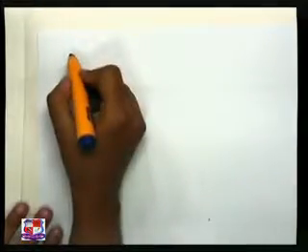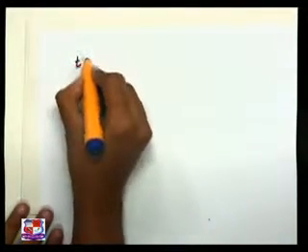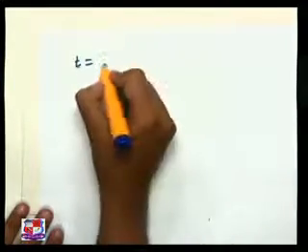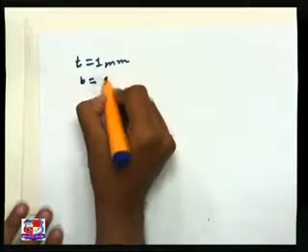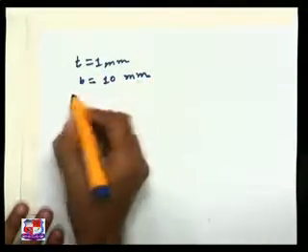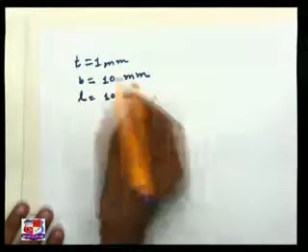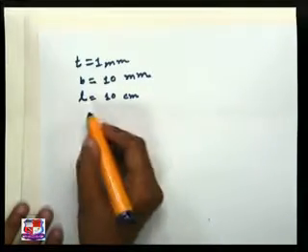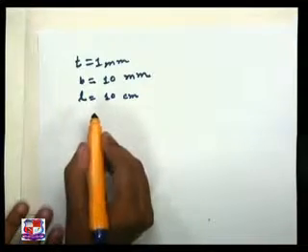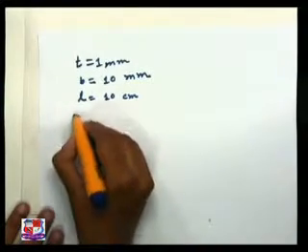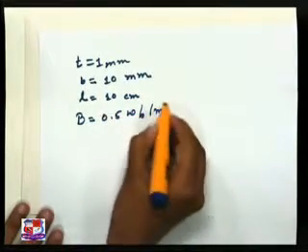It says that a silicon plate of thickness 1 millimeter, breadth 10 millimeter and length 10 centimeter, we are given all the three dimensions, and we have to choose what we need in our example, is placed in a magnetic field of 0.5 Weber per meter square.